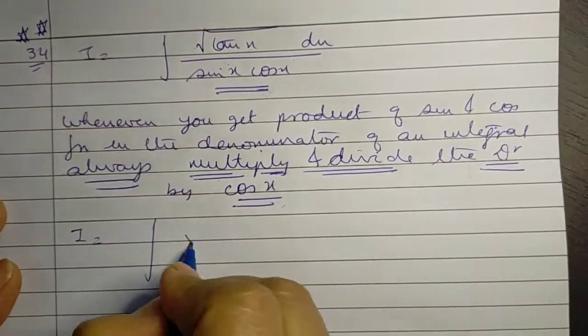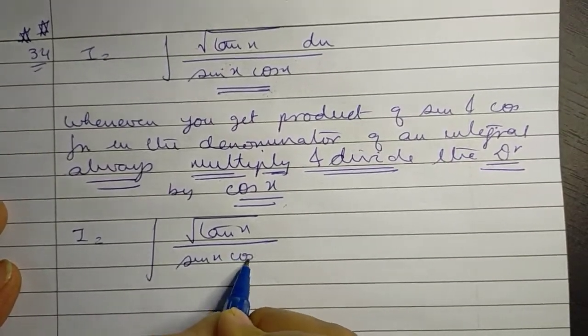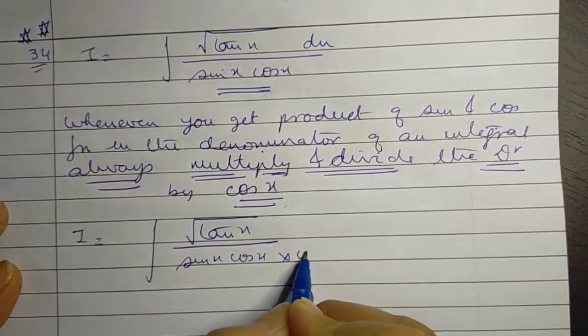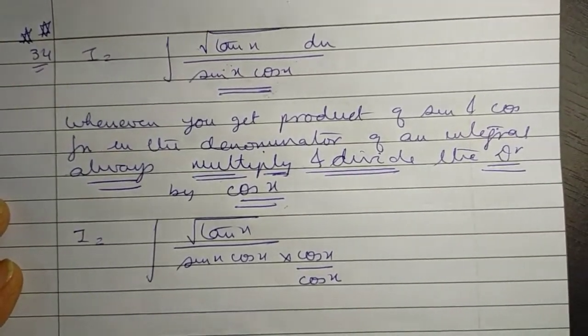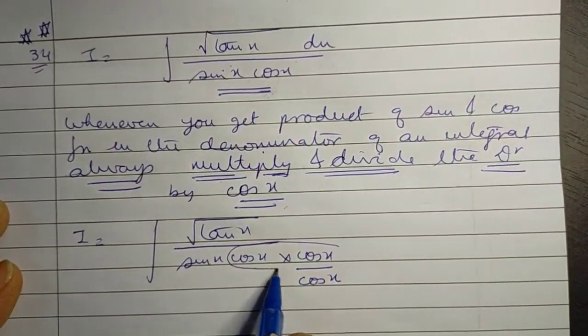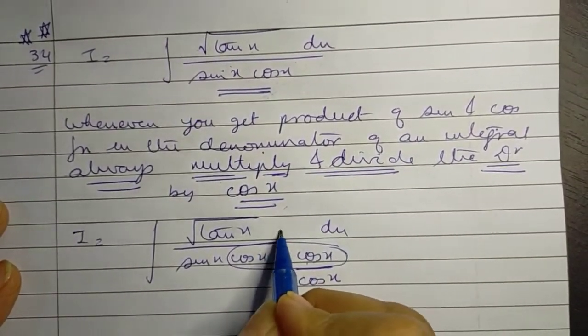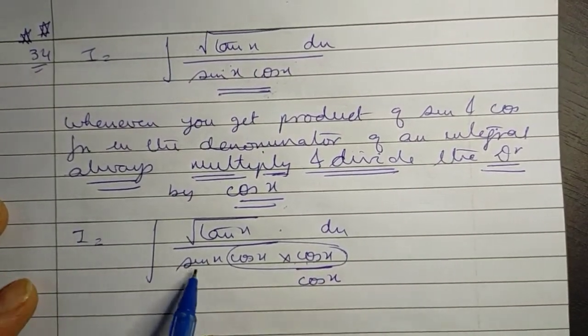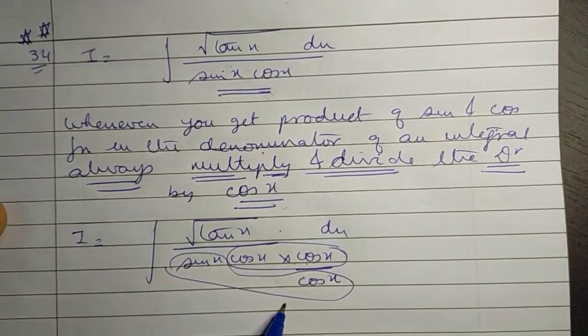I is equal to root tan x over sin x cos x into cos x upon cos x. Out of this, one part makes it cos squared x, which goes to the numerator and becomes sec squared x, and the other part makes it tan x.